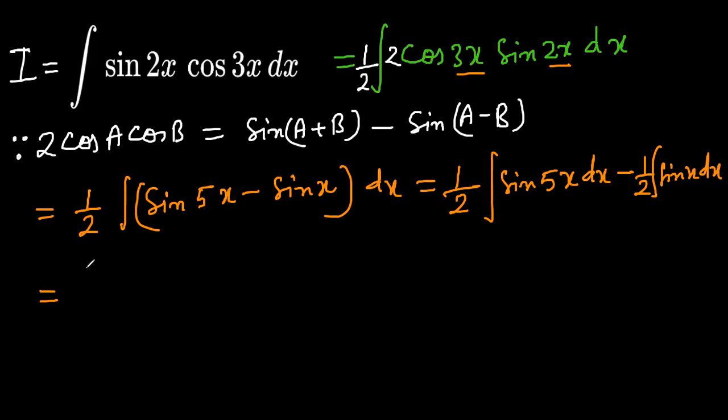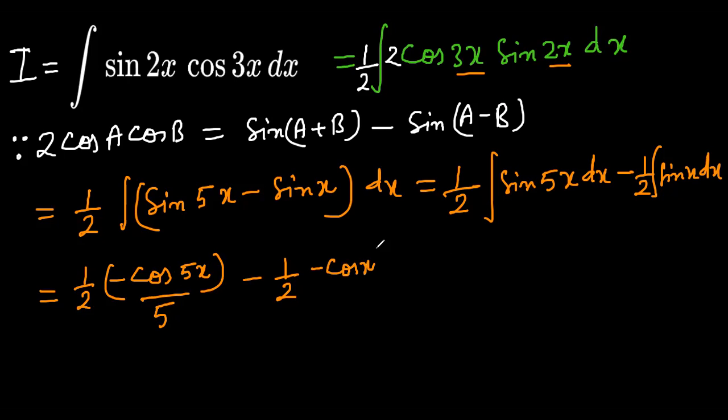So it would look like 1 by 2, and integration of sine is negative of cos 5x, and you are also going to divide by the derivative of 5x, which is 5, and minus half, and the integration of sine is again negative cos x, and plus c.